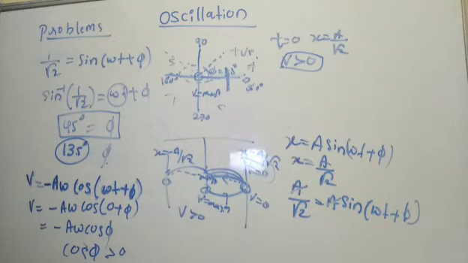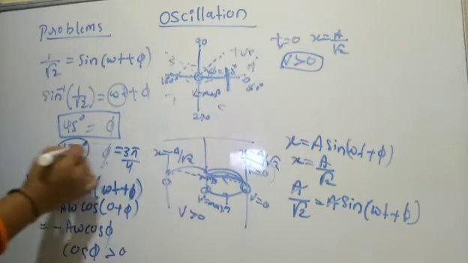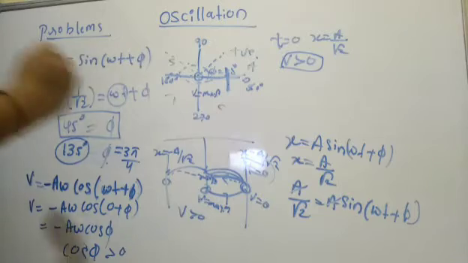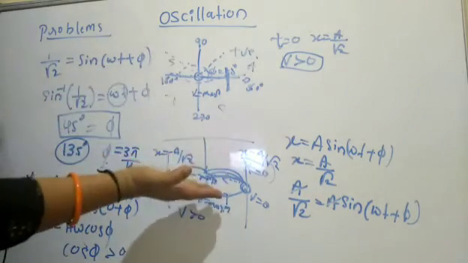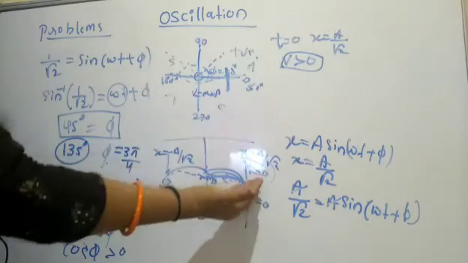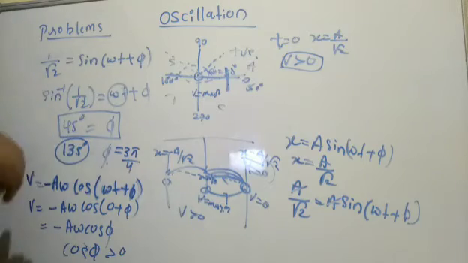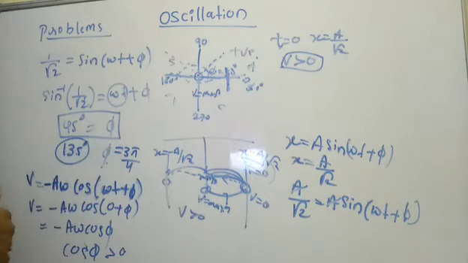As we move towards cos phi, it can also be written as 3 pi by 4. Cos 135 degrees can be written as 3 pi by 4, and negative sign indicates the particle is moving in the positive direction from the mean position, and from a by root 2 it is moving towards the mean position, and it will not stick there in the mean position. It is moving towards the negative direction.